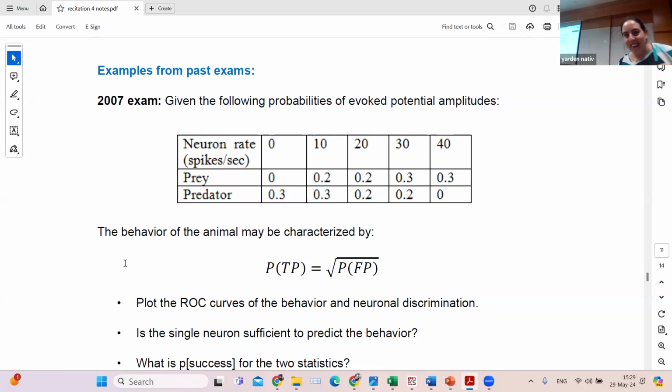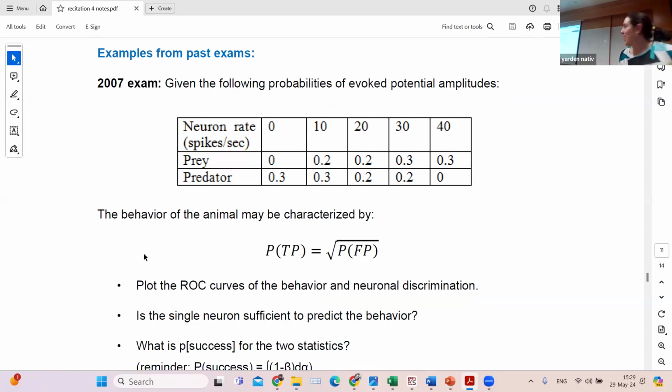Okay, so let's say that we have this neuron over here, and this neuron either responds to a prey or to a predator. If you remember, in project 1 that we submitted, you had these neurons which are responding to different numbers of fingers, right?